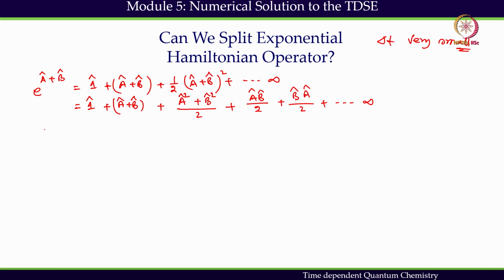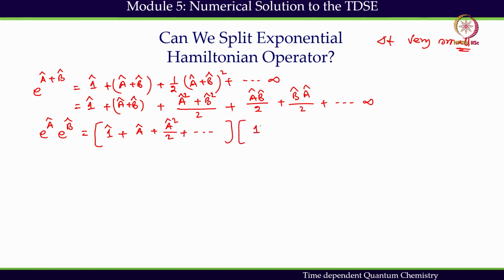On the other hand, I would like to check what is the form of the product of the exponentials of these individual operators. So, that is nothing but I have to expand each one as a Taylor series expansion. So, I will do it 1 plus a plus a square by 2, like this.